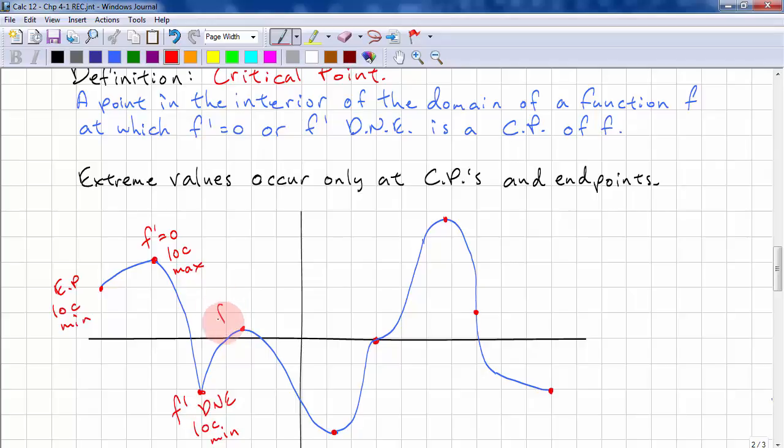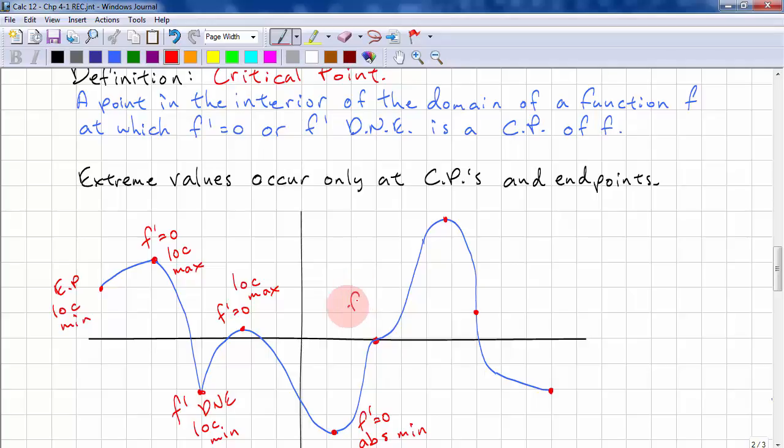Here we have f prime equals 0, and this is a local max. And some more, f prime equals 0. This is absolute min. Okay, it's lower than all the other minimums.